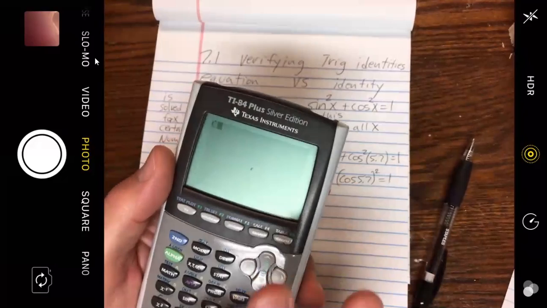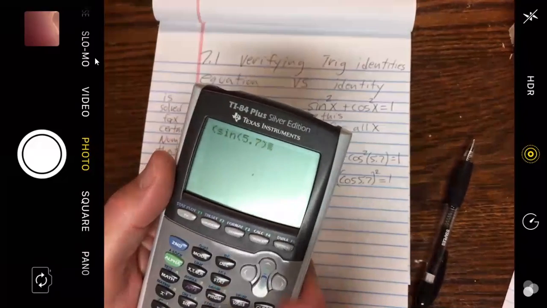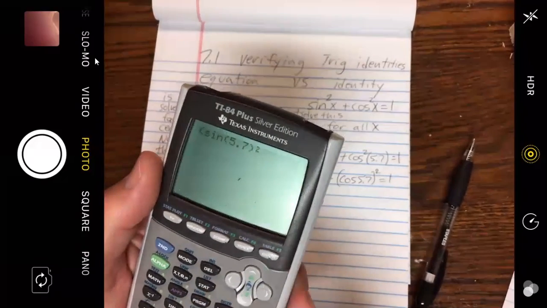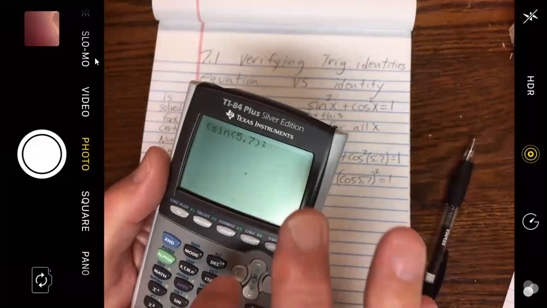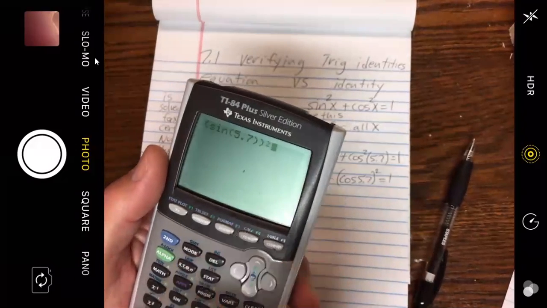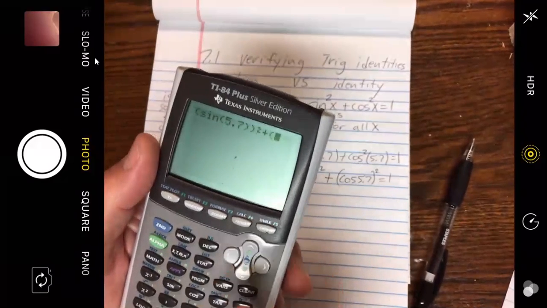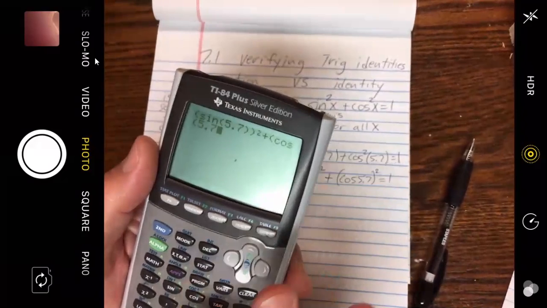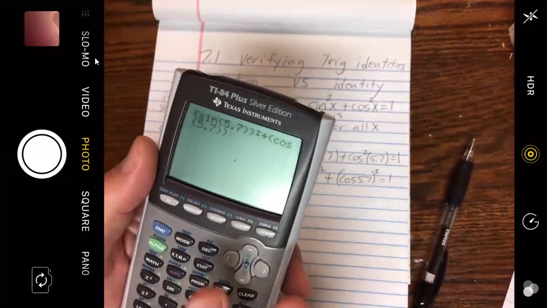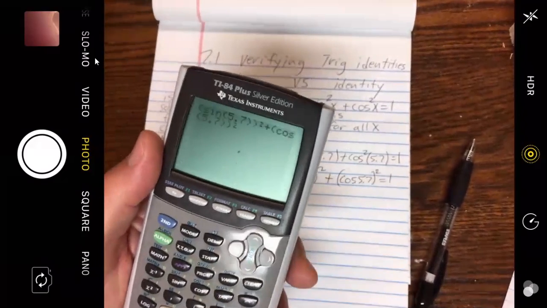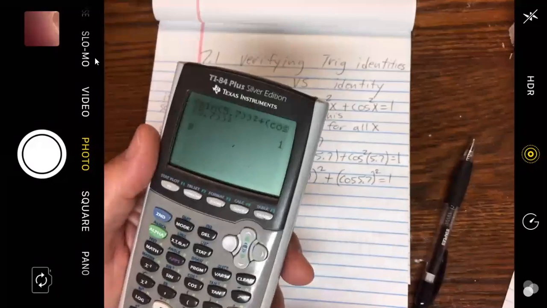So parentheses, a sine of 5.7 and then squared. Actually, I left off a parenthesis there, so another parenthesis and then squared. There we are. Add parentheses, a cosine of 5.7 and then squared. Drum roll. Yes, it comes up 1 always.